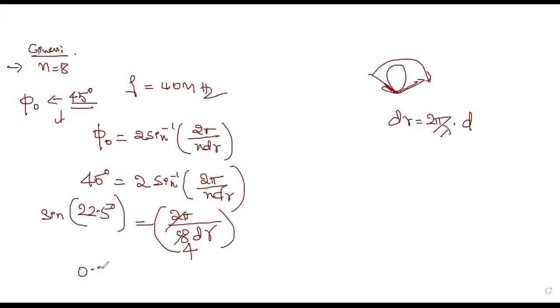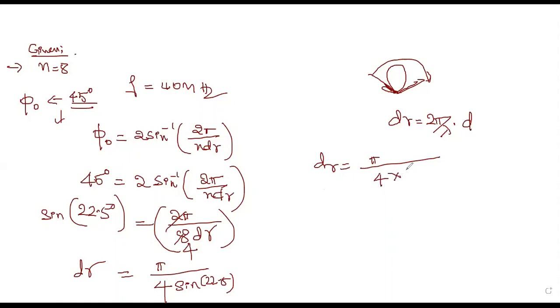0.382 into 4 divided by pi, or you do one thing, write the equation in terms of dr. Bring the dr to this side. So you can just bring this dr to the numerator. This is pi by 4 sine 22.5, which is dr is equal to pi by 4 into 0.382.